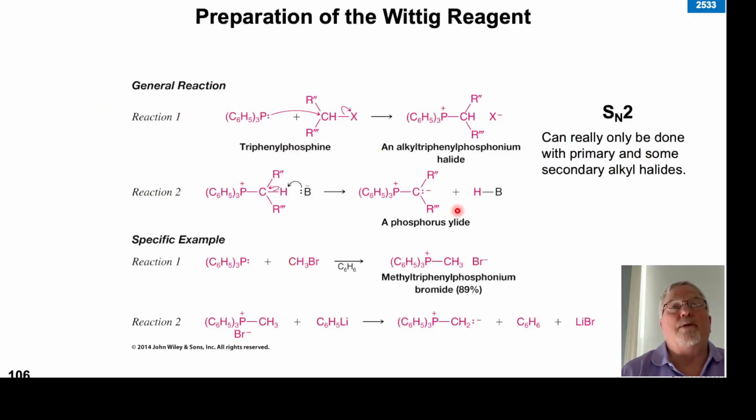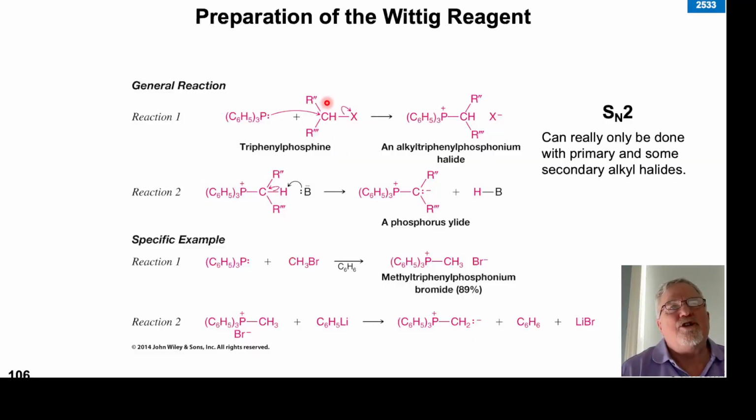Okay, so we prepare the Wittig reagent using something like triphenylphosphine. We use this a lot because it's convenient for the workup. It's easy to separate out from everything. We can use other compounds, but this just happens to be a convenient reagent for workup after to get rid of the phosphorus oxide that forms. So this is a decent enough nucleophile that it can react with alkyl halides.